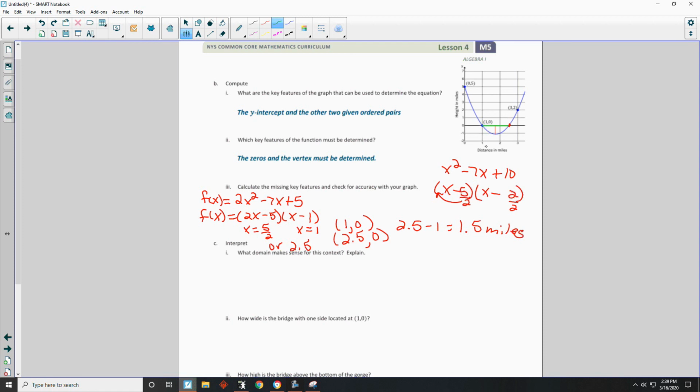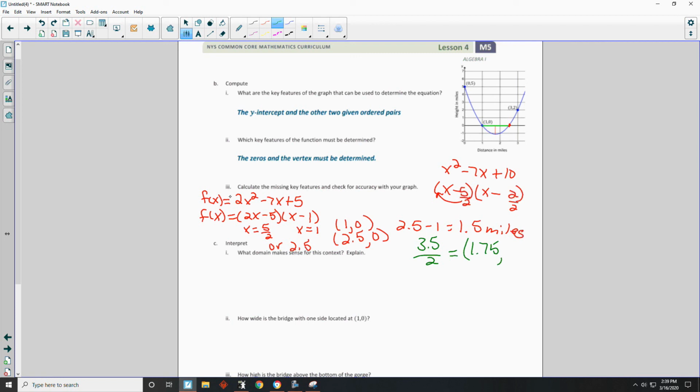To find the vertex, it is the midpoint between the two zeros. So if I have one zero at 1 and the other zero at 2.5, then it would be 2.5 plus 1, or 3.5, divided by 2. Midpoint is add up the ends and divide by 2. Then that would be 1.75.